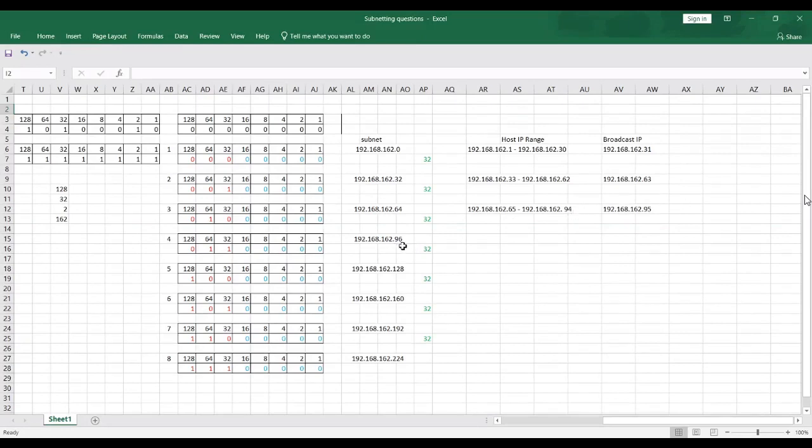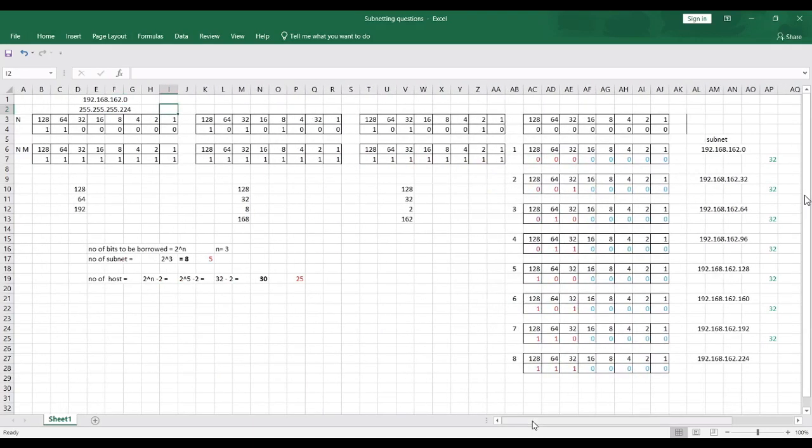To find the broadcast address of this range, you can also determine it from here, because it should be one less than the next subnet, that is 95. Likewise you can find the other host address ranges as well as the broadcast addresses, and fill in the chart given in the question, right?